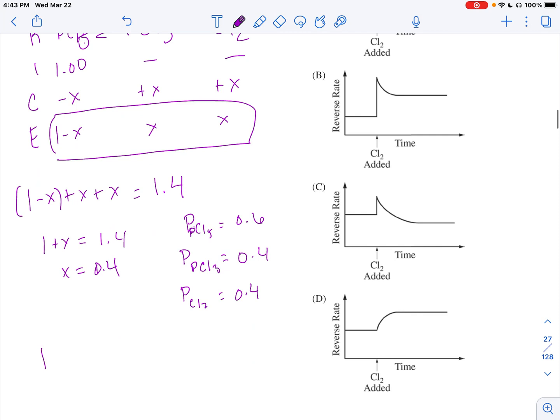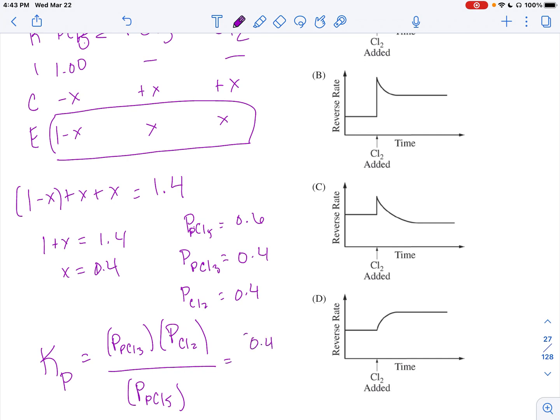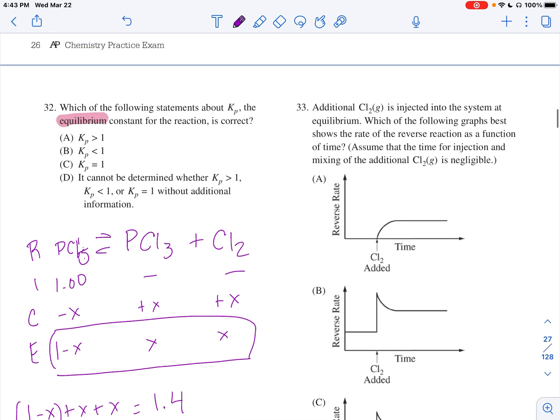So then you just plug that into your Kp formula, or expression, I should say. And you can do that math out if you want, but it's pretty clear it is going to be less than 1. So our answer would be B.